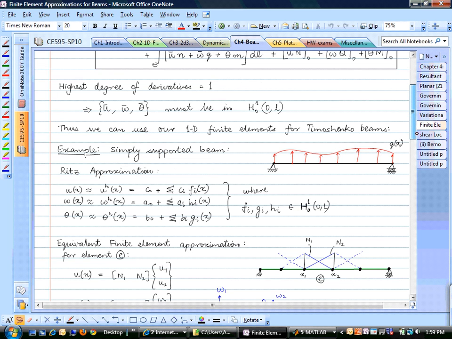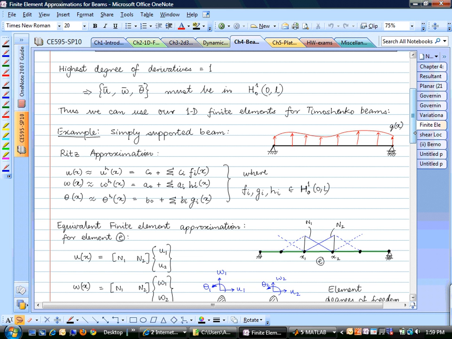So here is a little example of the type of choices that you could make. Just consider a simply supported beam, and there is a distributed load acting on it, and we are going to discretize this beam with different elements. So let's say there are 5. We discretize this beam with 5 different elements.